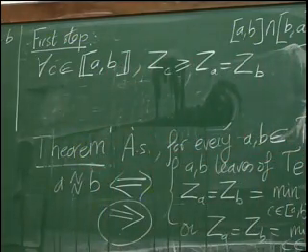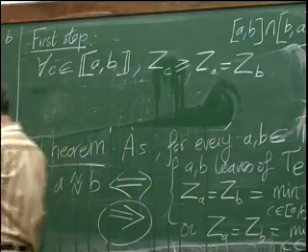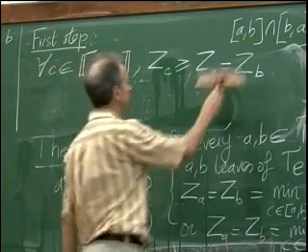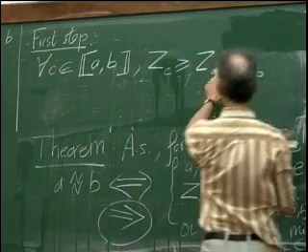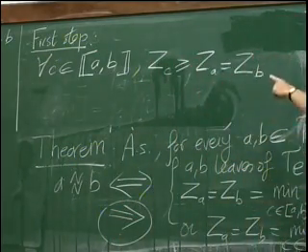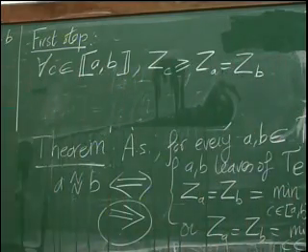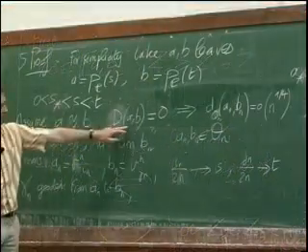This is a line segment in the tree between A and B. Okay, so why is it true? Well, first, why do we have this equality? So this equality, first, Z_A equals Z_B is an immediate consequence of this, okay?